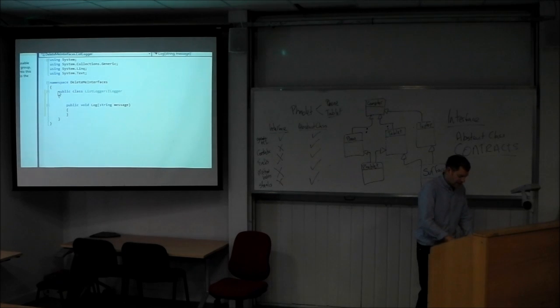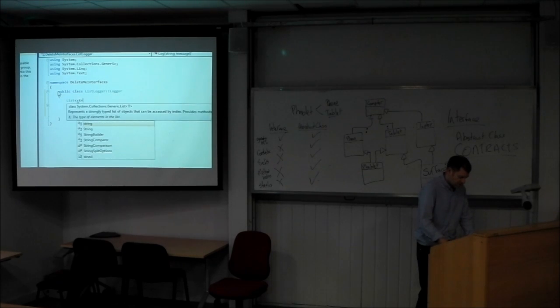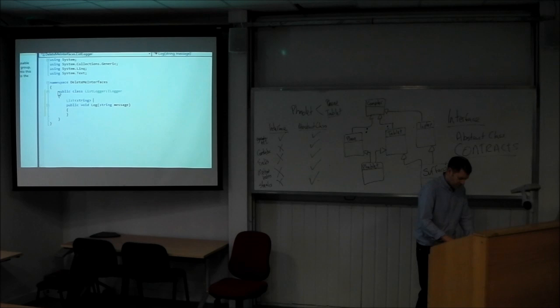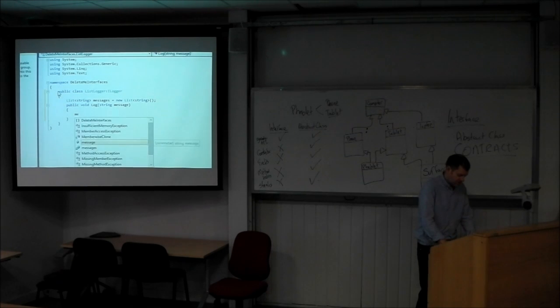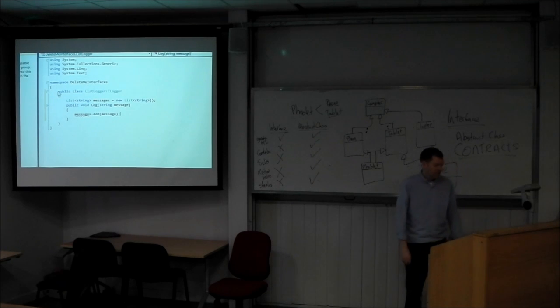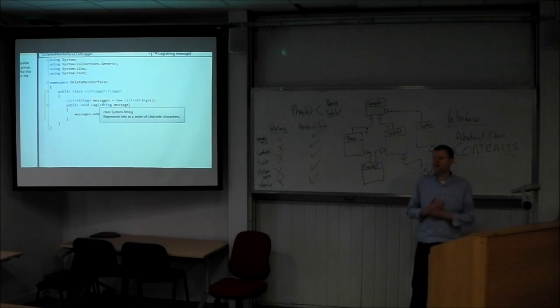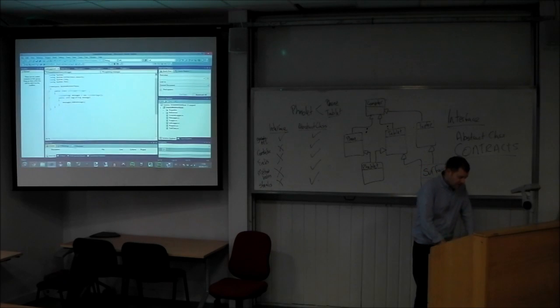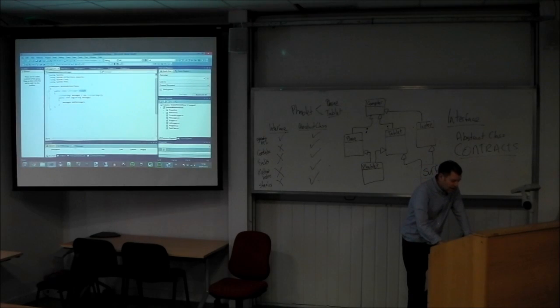So what I want to do in list logger is just create a list of strings. And I just want to add them to the end of the list of messages. That's it. So now you can plug in the list logger wherever you make use of the ILogger interface.